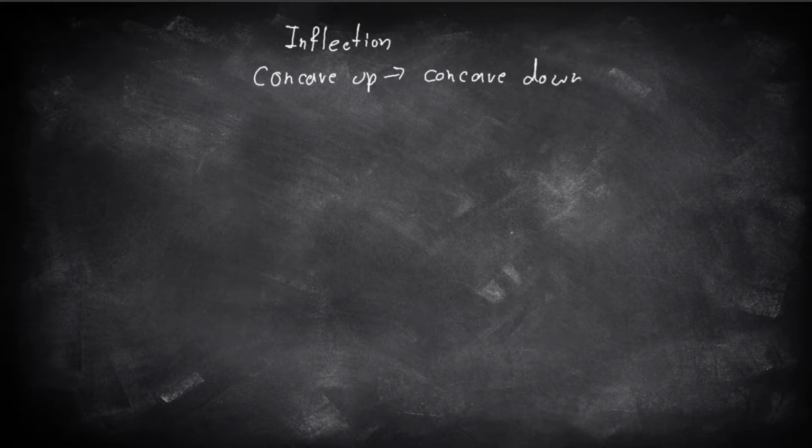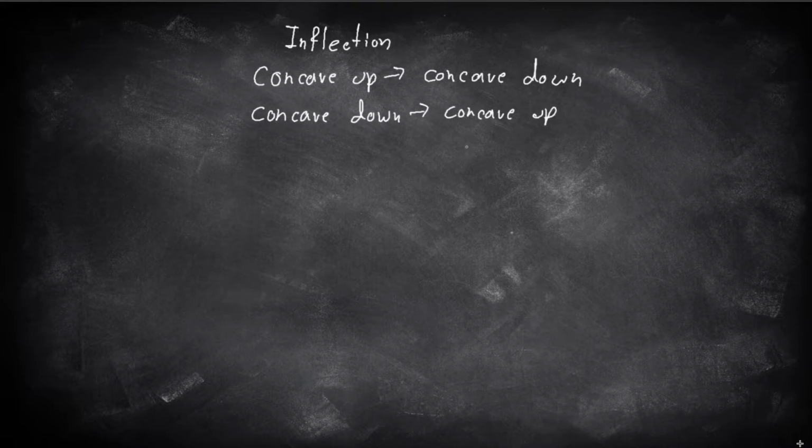Now, let's understand the idea of inflection points. Inflection points have to do with concavity. It's pretty simple: if you change concavity, then you have an inflection point. If you change from concave up to concave down, you have an inflection point. Or if you change from concave down to concave up, you have an inflection point.